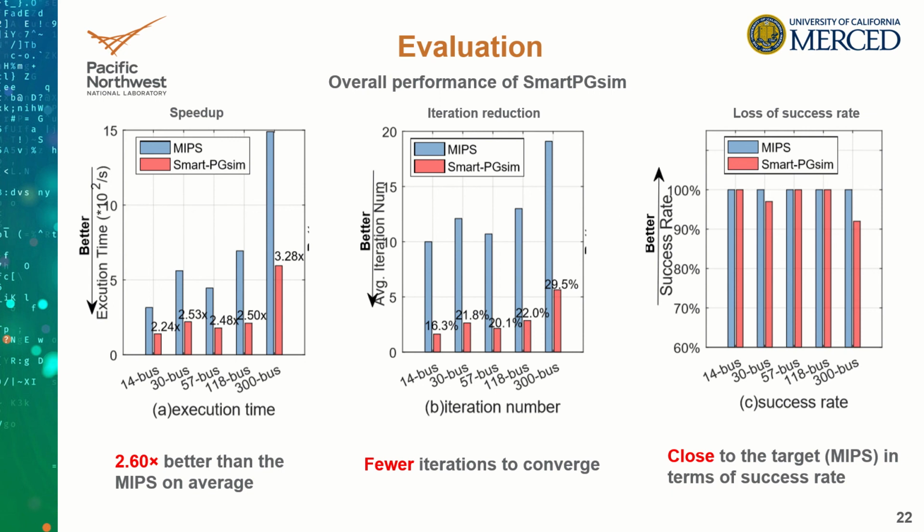It achieves 2.6 times speedup and fewer iterations of simulation convergence. Also, for the success rate, we can observe that the output of SmartPGsim is closer to the success rate achieved by the numerical solver MIPS. So these 2 observations reveal that SmartPGsim can achieve a speedup without having too many failure cases.